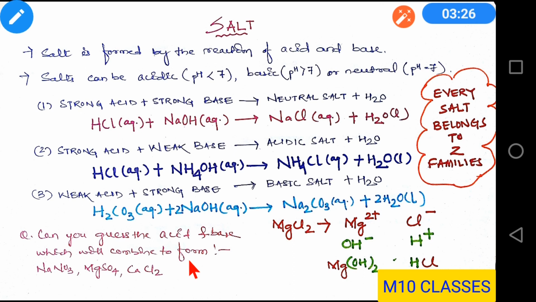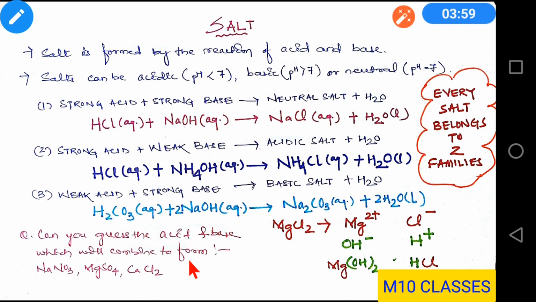You'll get Mg(OH)2, that is magnesium hydroxide. For the sulfate ion the valency is 2, and for hydrogen the valency is 1. You'll get H2SO4, that is sulfuric acid. Likewise you can find for calcium chloride: calcium hydroxide and hydrochloric acid, HCl.